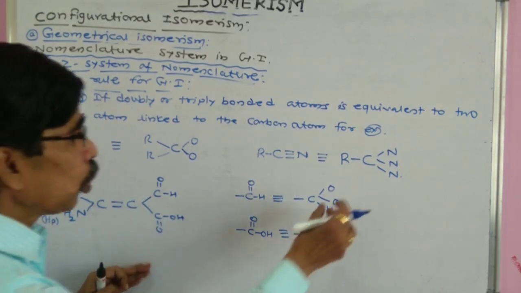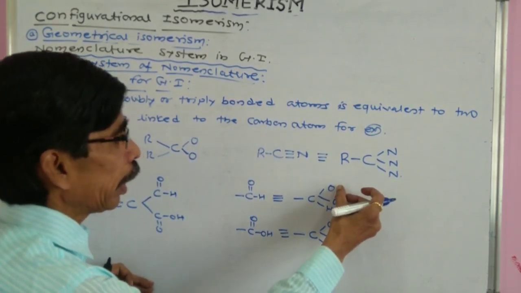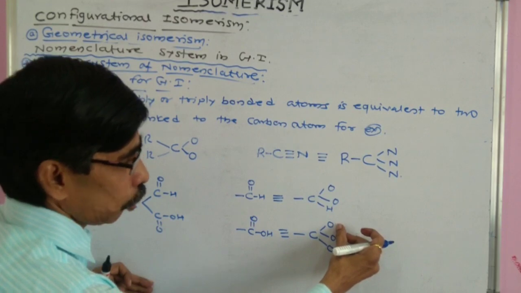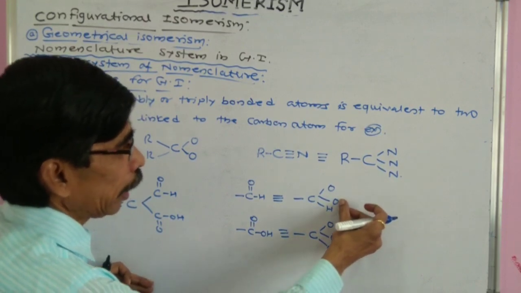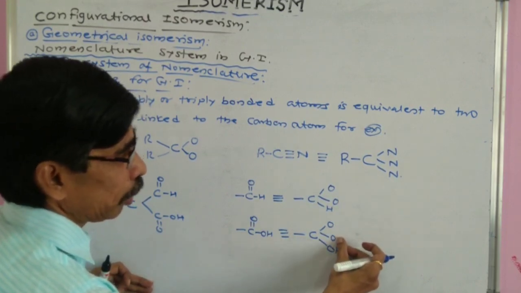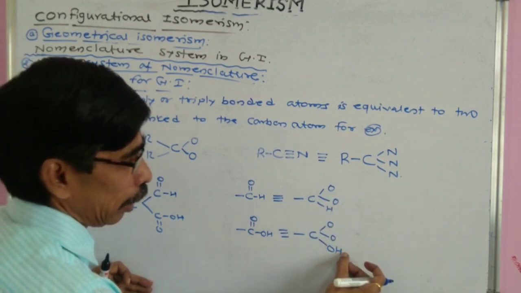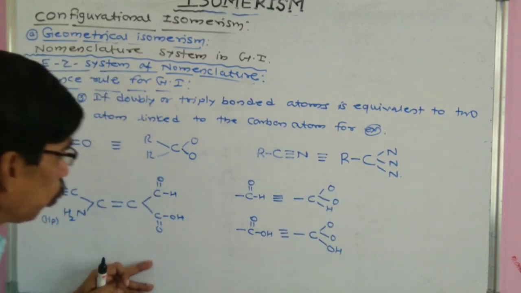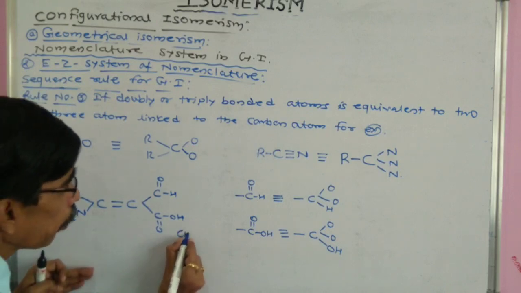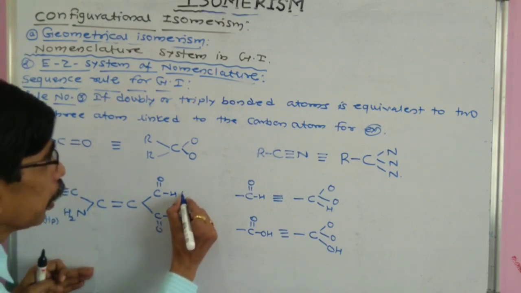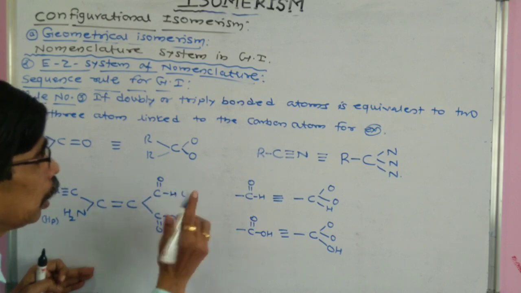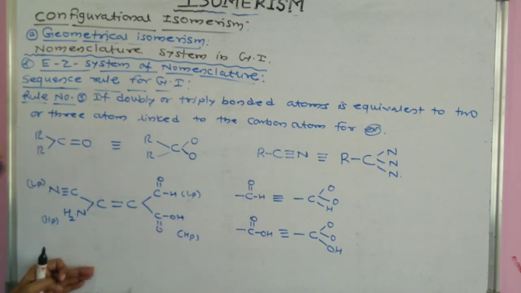So in CHO and COOH, the second atom is oxygen, but here the second atom is hydrogen and here the second atom is oxygen. Therefore, this COOH group has the higher priority than this CHO group. The CHO group has the lower priority.